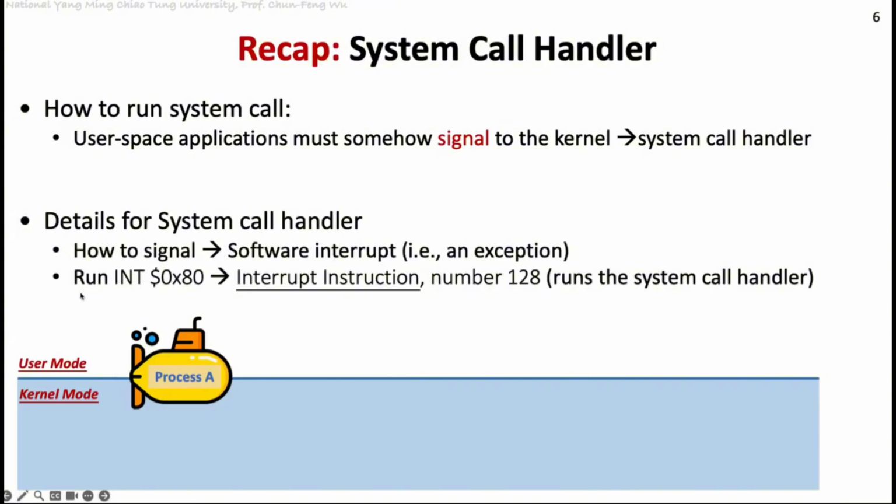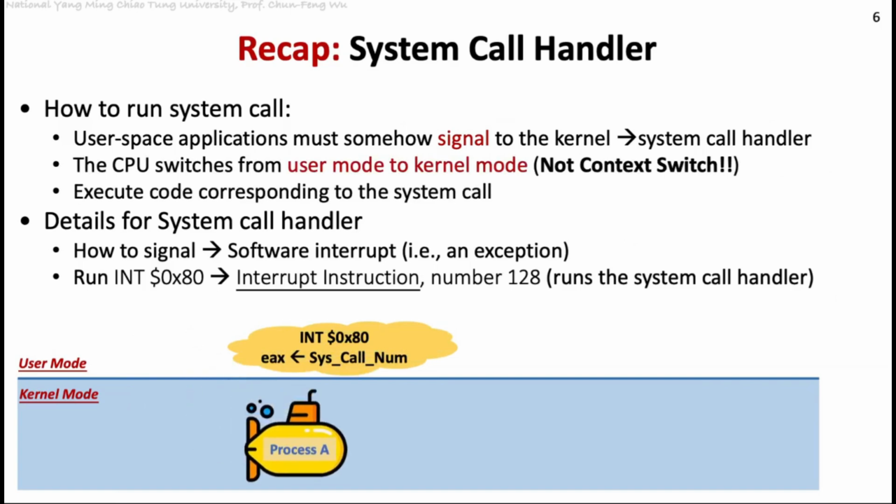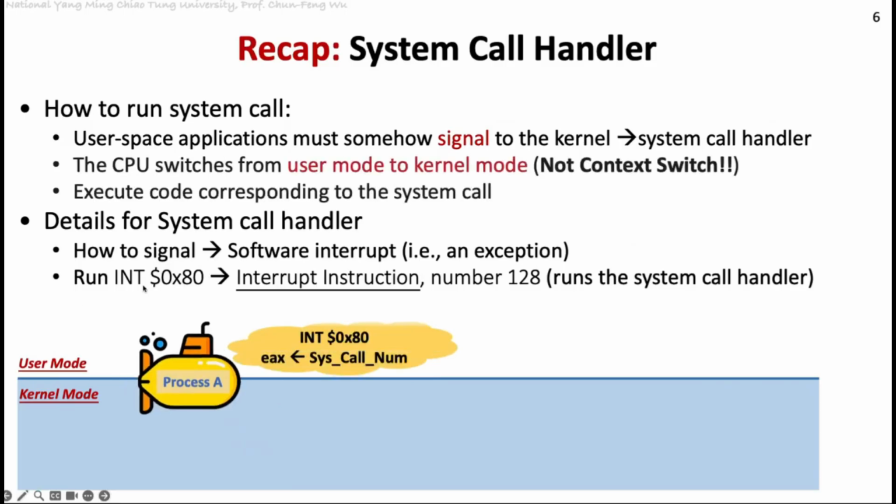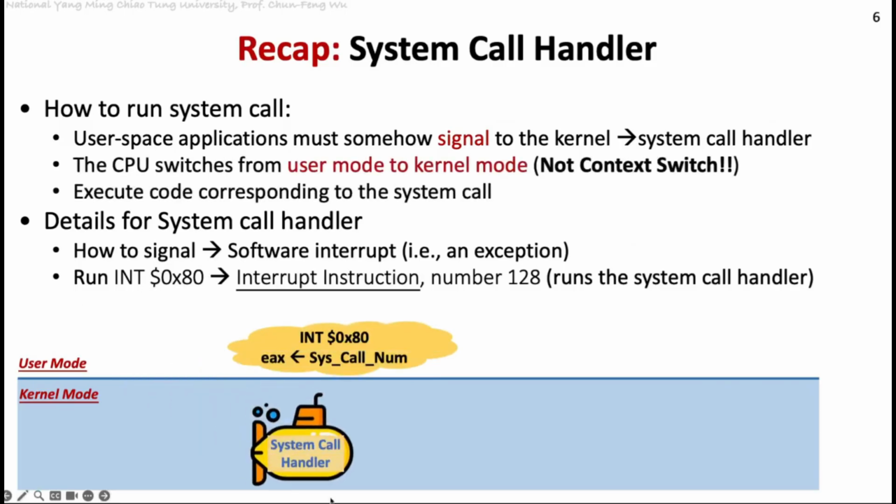After running this instruction, the CPU will change from the user mode to the kernel mode. Processor A now is in the user mode, but at the time the CPU runs this instruction, the CPU will dive into the kernel mode.